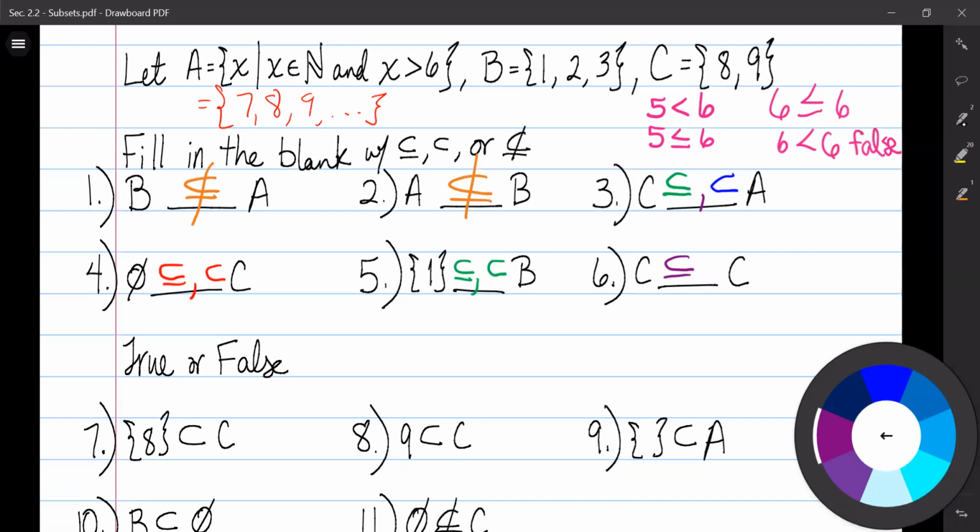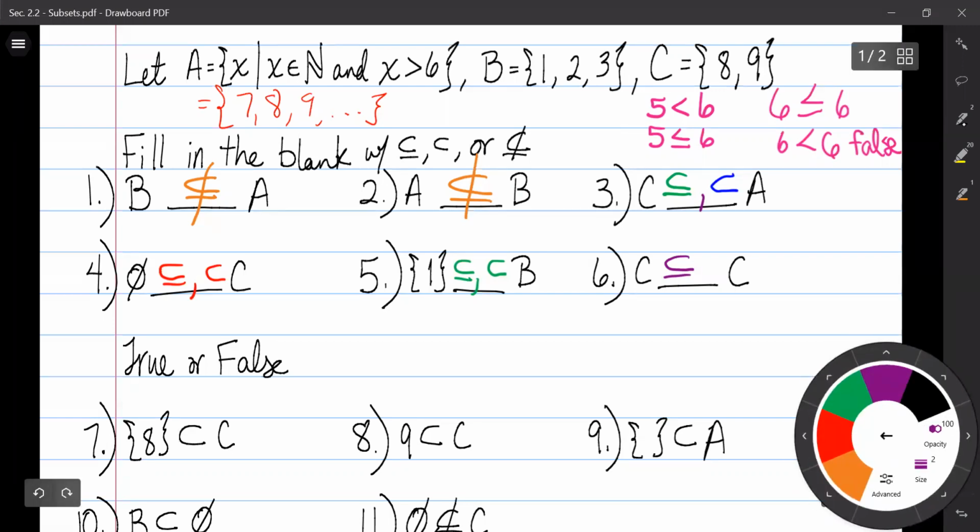Number 7 says a set containing the number 8 is a proper subset of C. Is that true or false? That is true. It's a subset and it's smaller, which means it's also a proper subset.